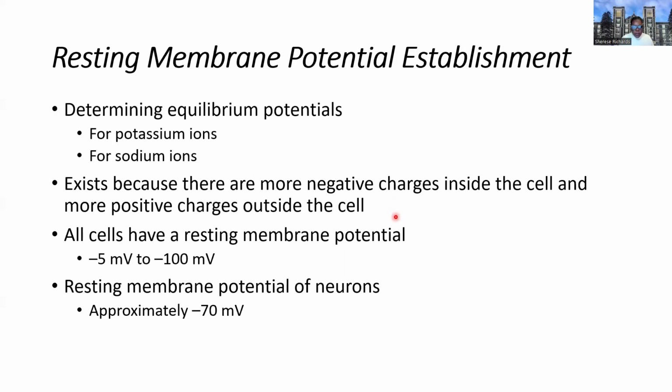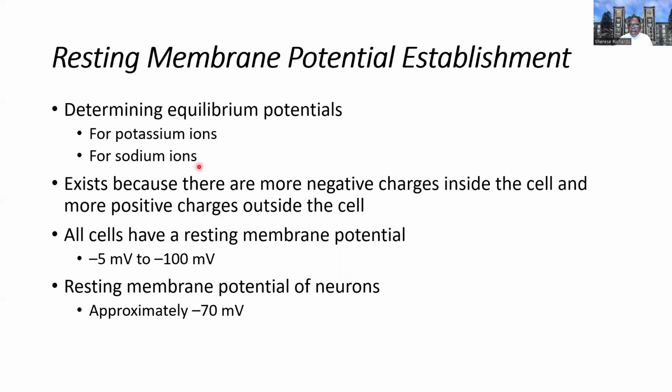Okay. And so when you think about the resting membrane potential, it's the standard sort of environment that exists across the cell membrane, especially in excitable cells like muscle cells and neurons. And it's the baseline for which we can then excite those cells. So the resting membrane potential is really determined by the equilibrium potentials of the most prevalent ions that are moving across the membrane, and those happen to be potassium and sodium.